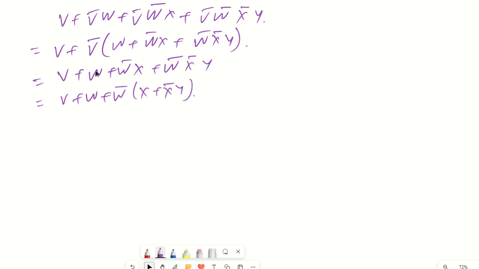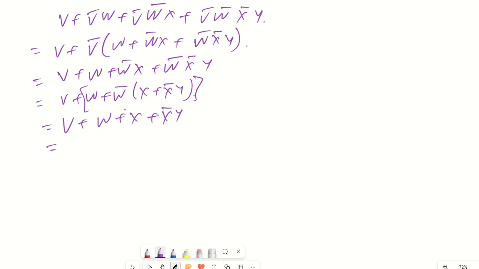So what I am writing is the last three terms W + W̄, so that will become 1, and then W + X + X̄Y, right? So this is how we have converted. Now you can see W + W̄ will become 1, so we will be left with V + W + X + X̄Y.